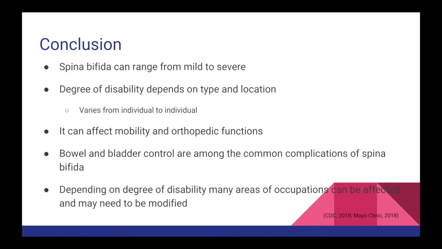A common issue that many people with spina bifida have are bowel and bladder control issues. Depending on degree of disability, many areas of occupation can be affected and may need to be modified throughout the lifespan. There are many different assessments that can be administered to this population to build a comprehensive picture of the individual. This can be used as a basis for evidence-based interventions.